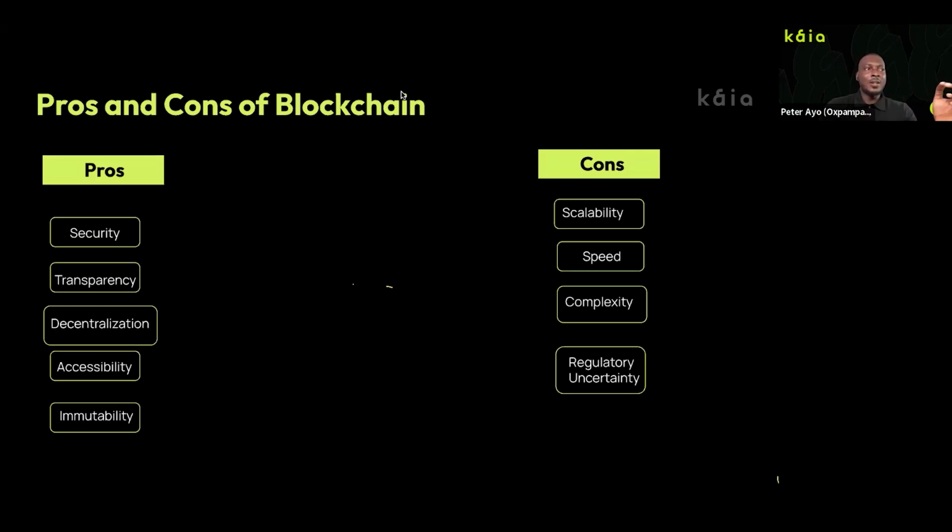The scalability issue is something that we don't get to see, especially in the traditional world, right? Visa can handle up to 24,000 transactions per second, right? And that's why we have blockchains like Kaia to provide solutions for enterprise grade services that can handle this mass volume, right?